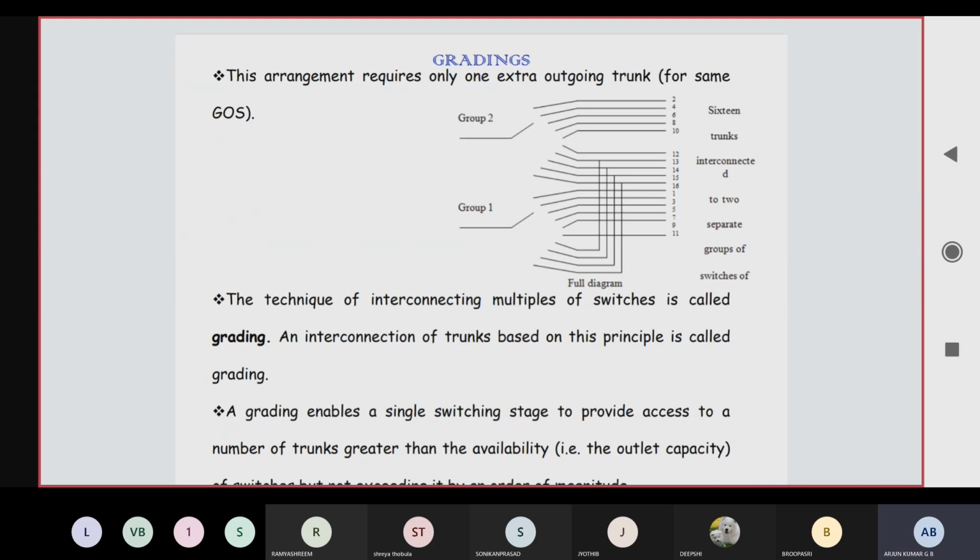The same services we have given by using these 16 trunk lines.